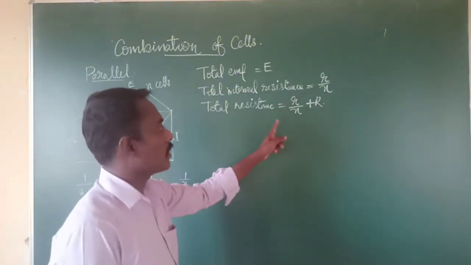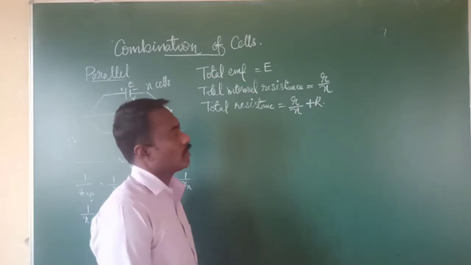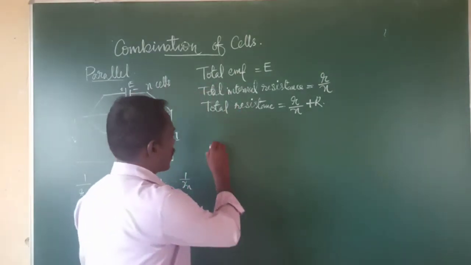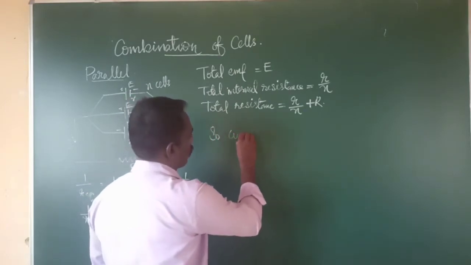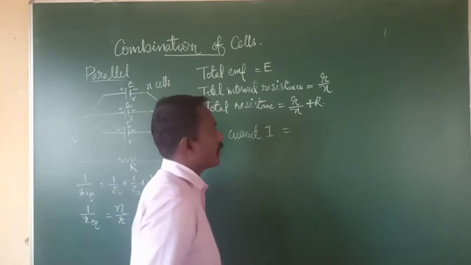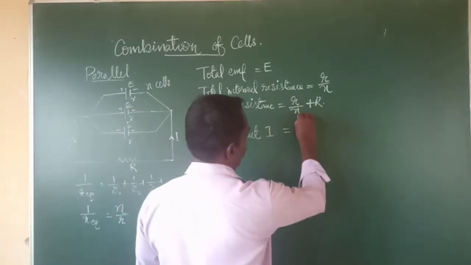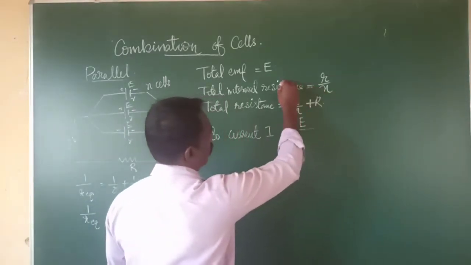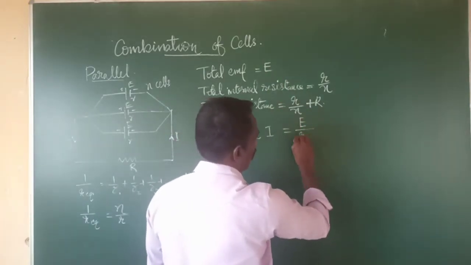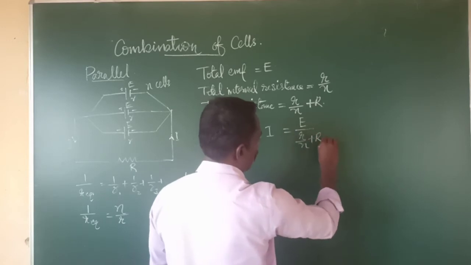Therefore, what is the equation for the current flowing through the circuit? I is equal to E divided by the total resistance of the circuit, that is R by N plus R.